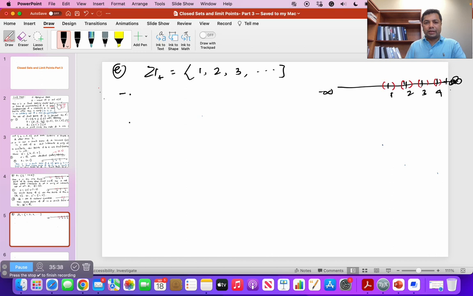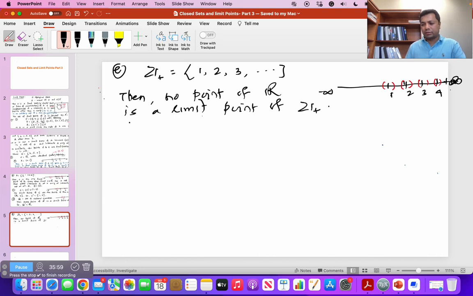So no points of R is a limit point of Z plus. So we can say that Z plus prime is the empty set. So these are some examples of limit points.